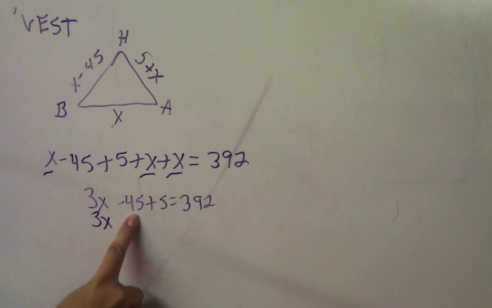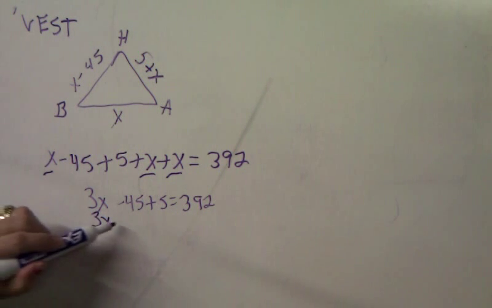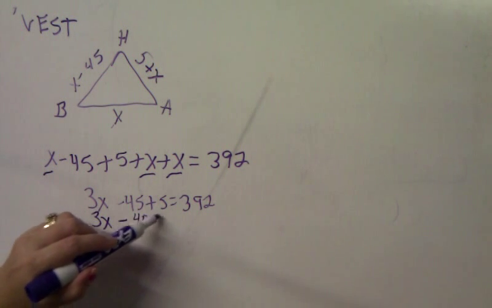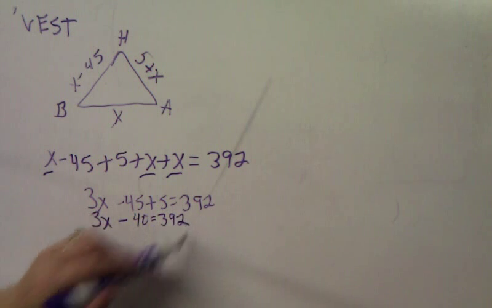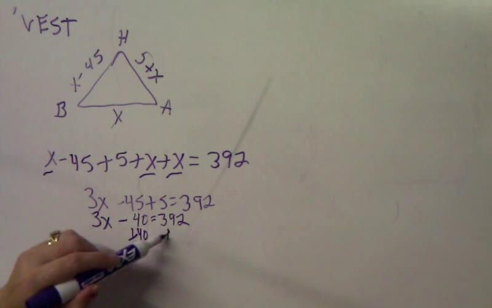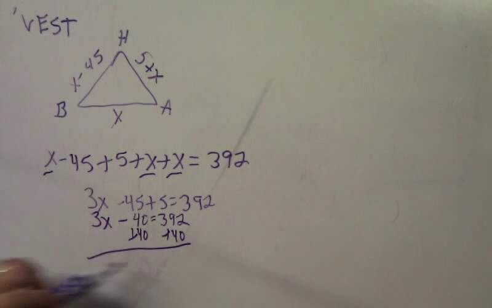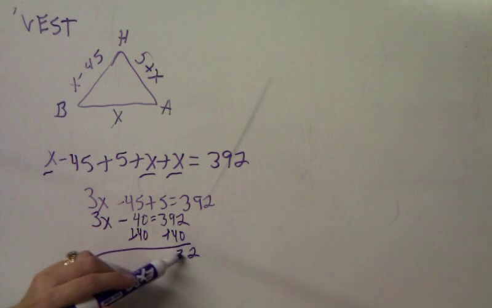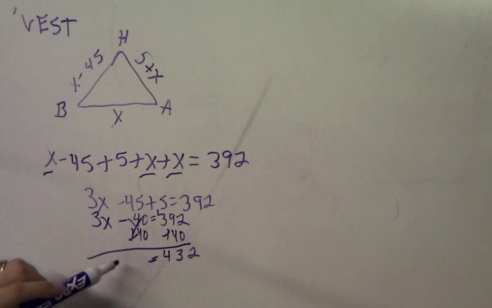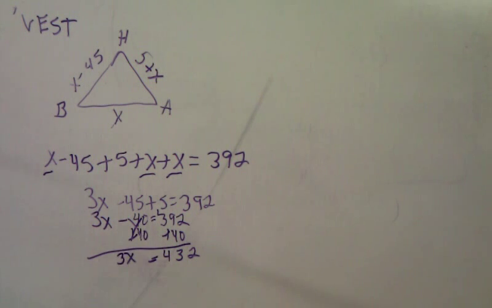My larger number is 45, so my sign is negative. 45 minus 5 is 40, equals 392. Add 40 to both sides. 432, 3X. Now divide by 3.